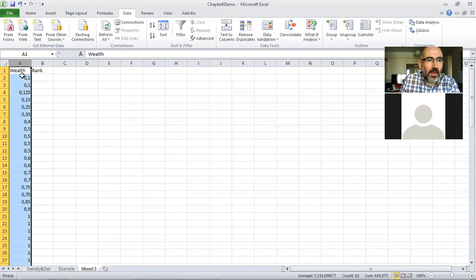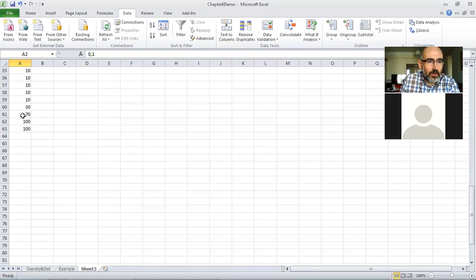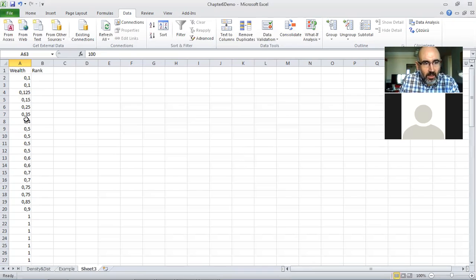The data here have been sorted from lowest to highest. We have here $100 million as the amount of money that would be required to consider yourself wealthy, and many people actually considering 100,000, 500,000, and so on.